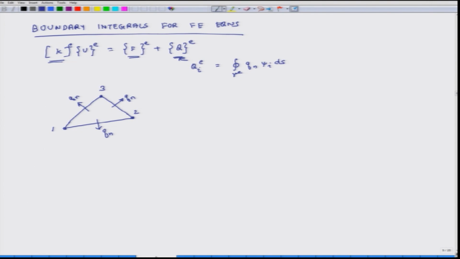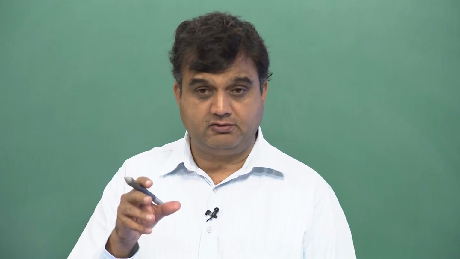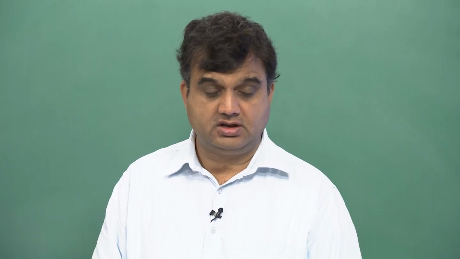So, for a triangle element, what do I have to do? I have to integrate this whole term from 1 to 2. And what is ds? ds is a small line element. Qn could be flux per unit length, and if I multiply it by ds, it is the total amount of flux crossing the ds element.